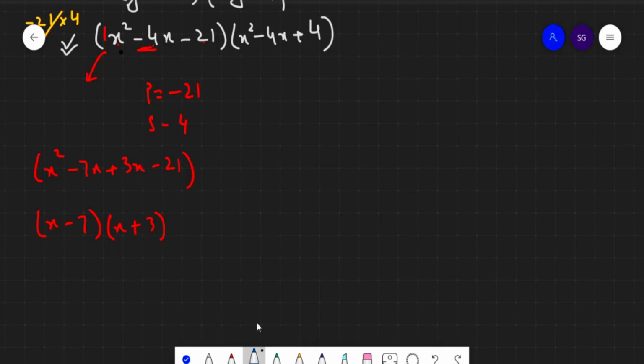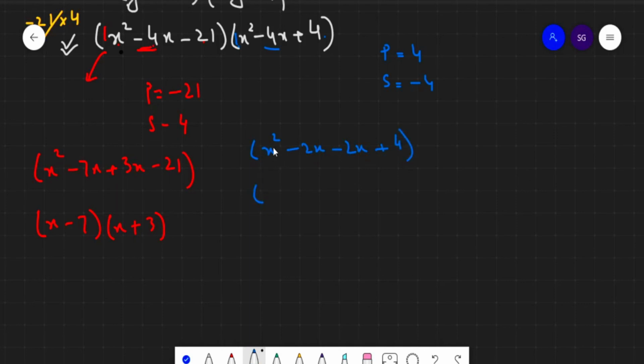Similarly, for the other bracket, again the product is the product of the highest degree terms, so 1 times 4 is 4, and the sum is negative 4. The pair that happens to fit in this situation is x squared minus 2x minus 2x plus 4. You might want to give it a check, but this is the correct one.